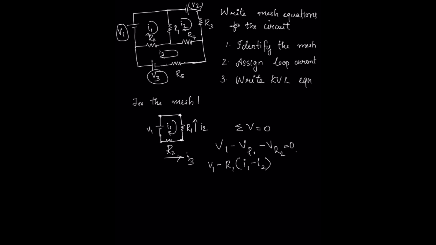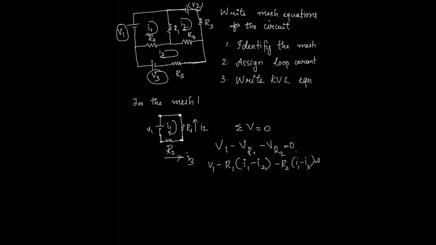Why? Because I1 is going down and I2 is going up, and it is a voltage drop, so it is minus R1. Similarly for R2, minus R2 into I1 minus I3 is equal to 0.